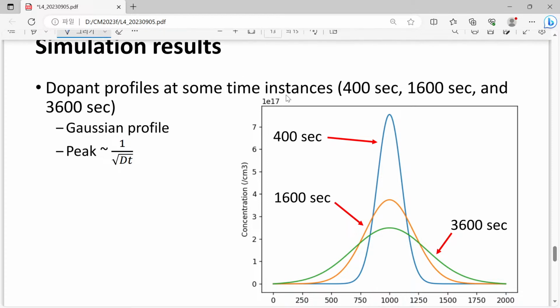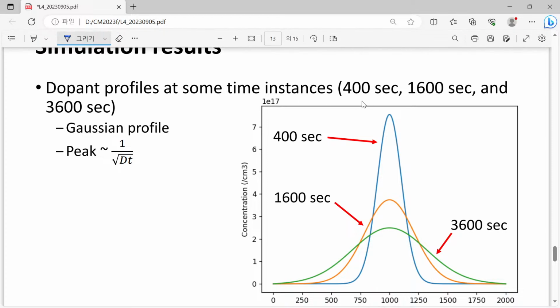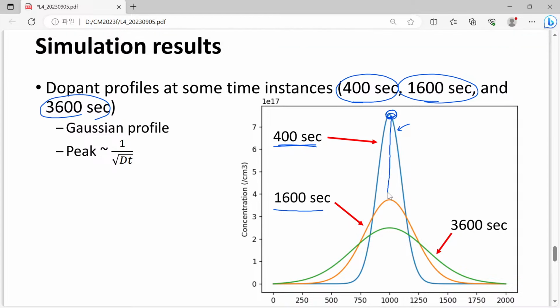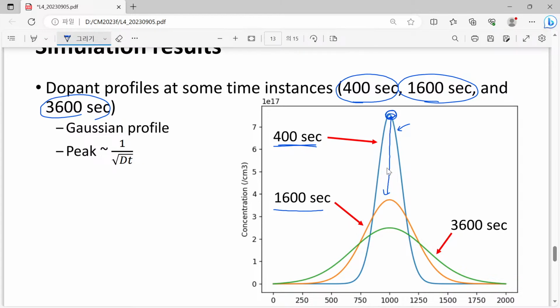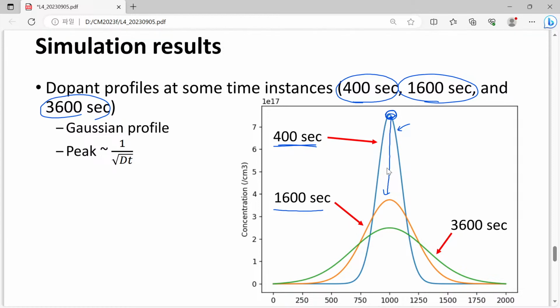Starting from time equal to 0, I selectively chose values at 400 seconds, 1600 seconds, and after 1 hour. This blue one is the quantity after 400 seconds of diffusion, and after 1600 it is more widely spread, although the peak is reduced. It is quite reasonable because previously it was concentrated at a certain point, but now it is distributed.